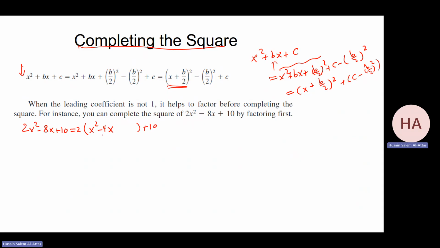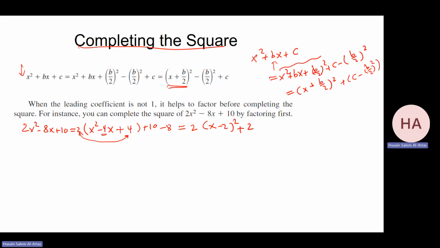Now to complete the square, I add half the coefficient of x, squared. Half of 4 is 2, squared is 4. I add 4, so I subtract 8 outside, since it is multiplied by 2. So that gives me 2 times x minus 2 squared, plus 2. So that will be the completing the square of this one.